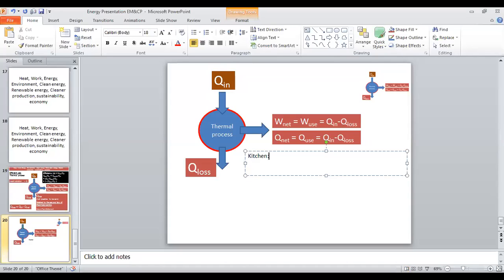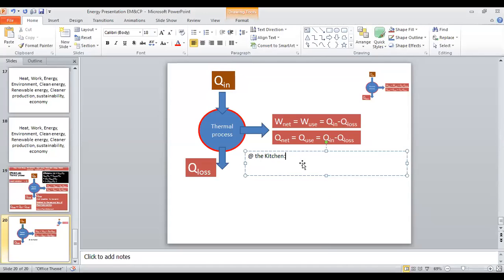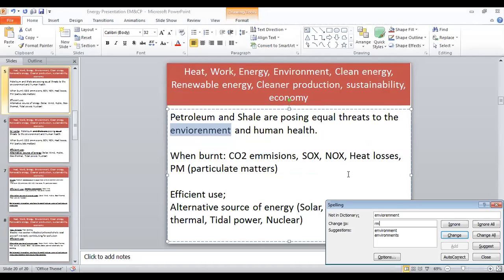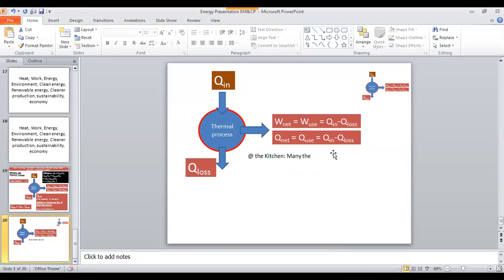At the kitchen, you can see many thermal processes.